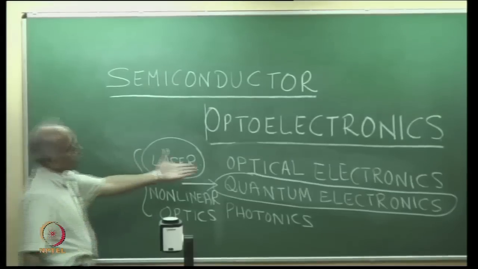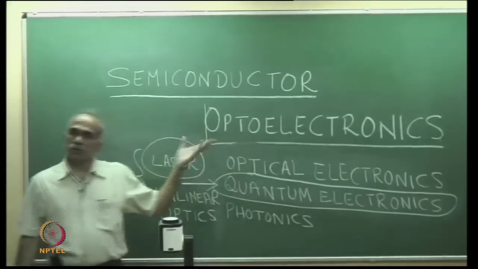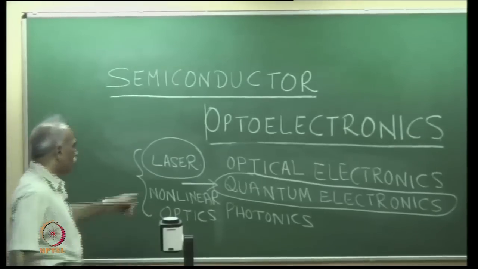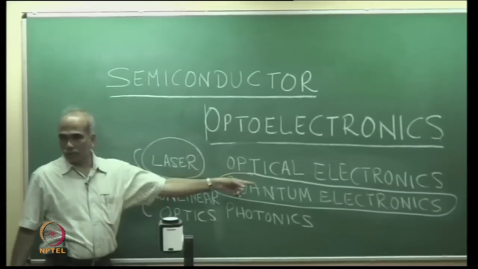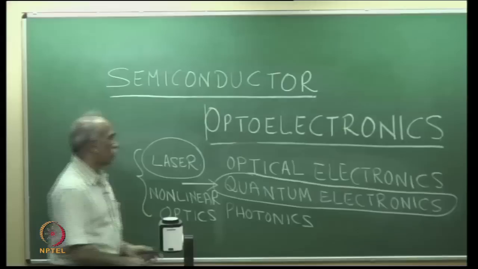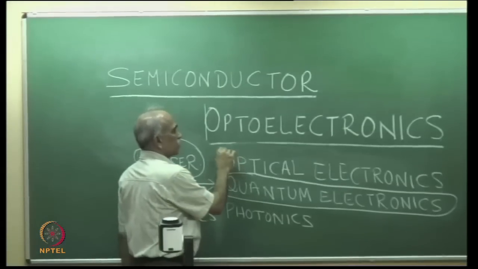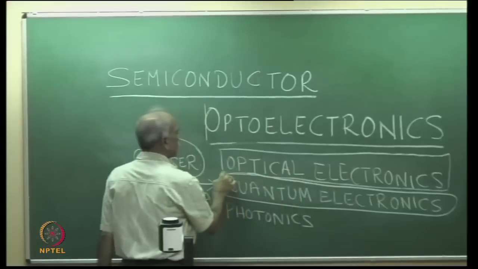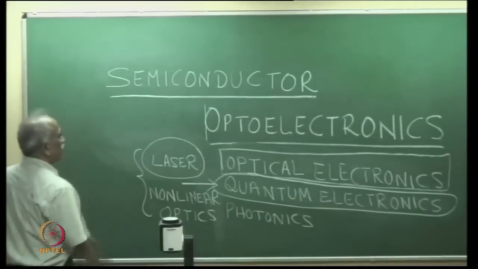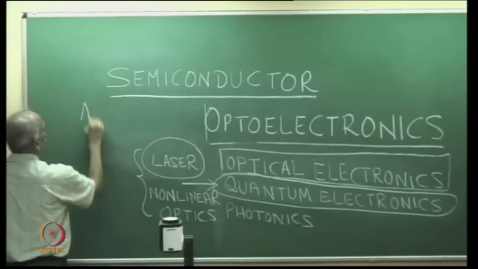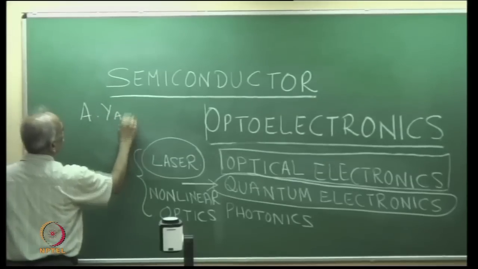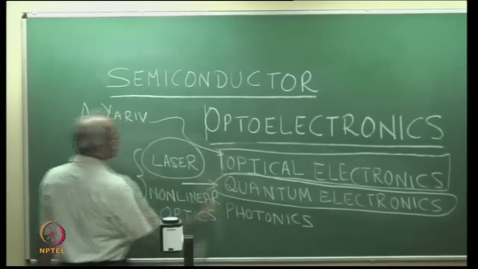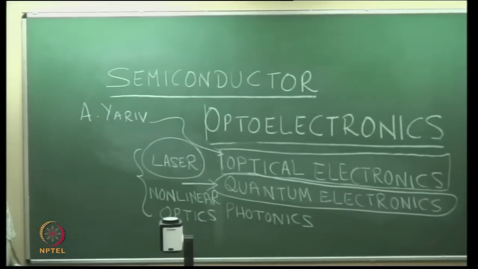What is optical electronics? In the 1970s, all these branches, magneto-optics, electro-optics, acousto-optics, nonlinear optics, and quantum electronics, were together termed optical electronics. There was a very famous book by Amnon Yariv of the same title, Optical Electronics.